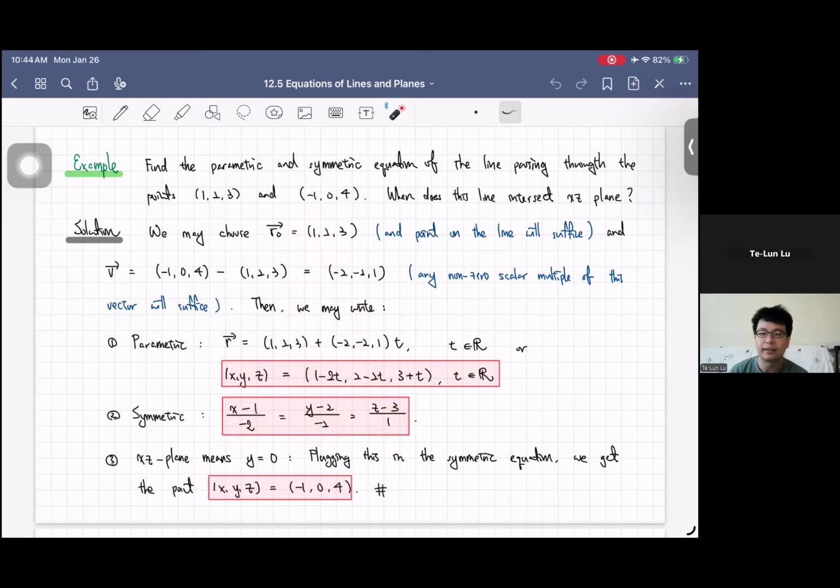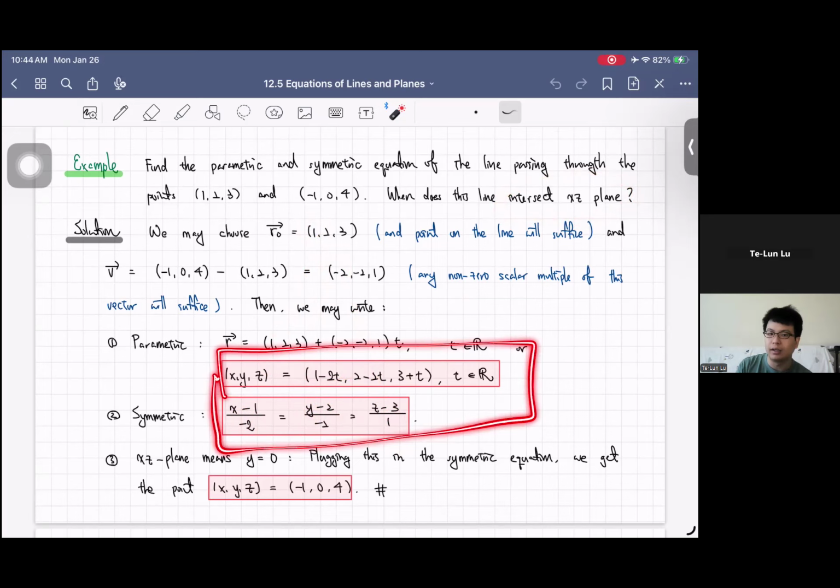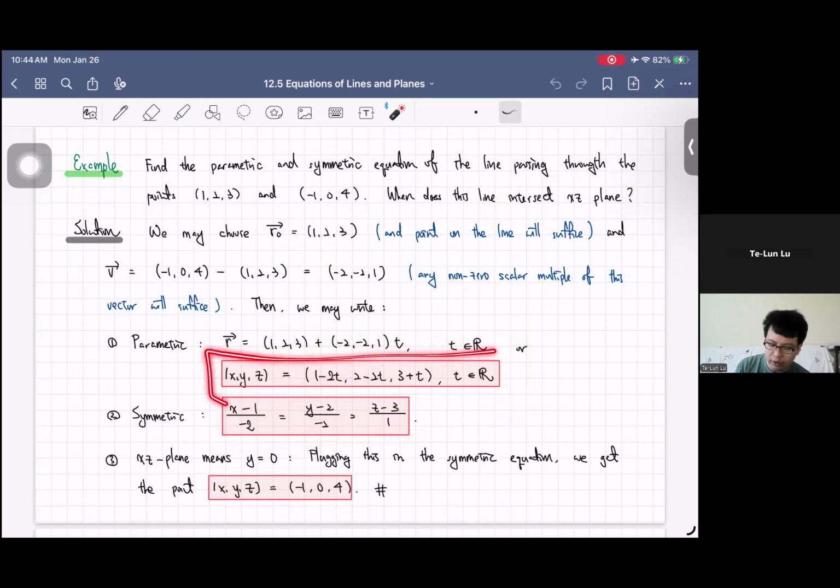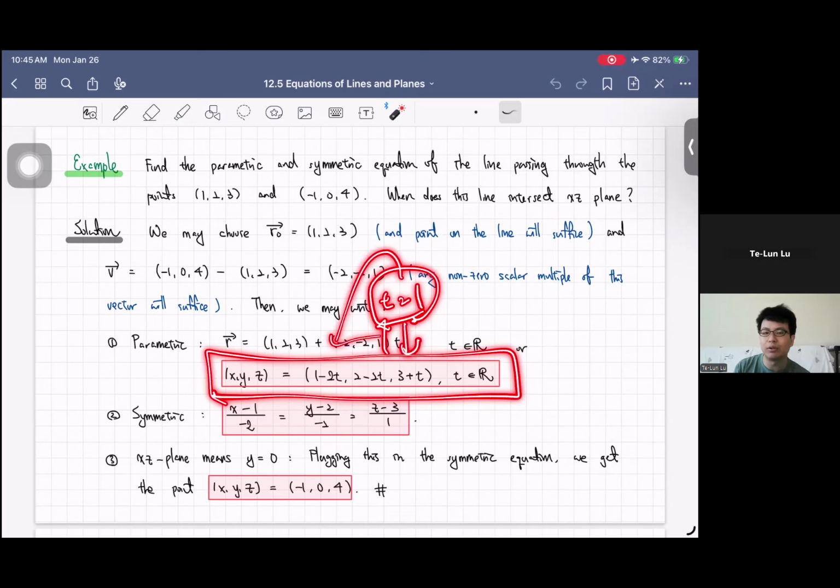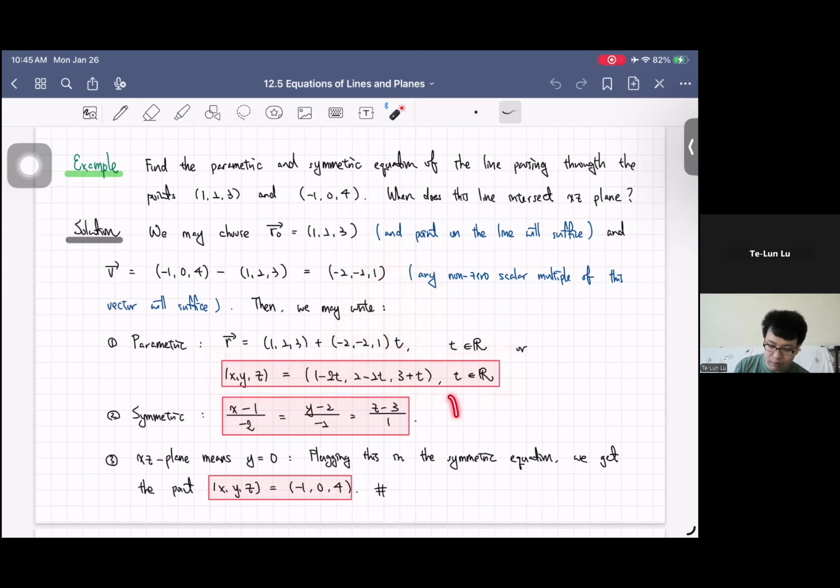Lastly, I asked you guys when does this line intersect the XZ plane? Basically, we're solving, in these two equations, when is y 0. For instance, if you solve this equation, you get that y is 0 whenever t is 1, right? By plugging the parameter into the x and z coordinates, you will get your corresponding x and z. And in this equation, it's even simpler.